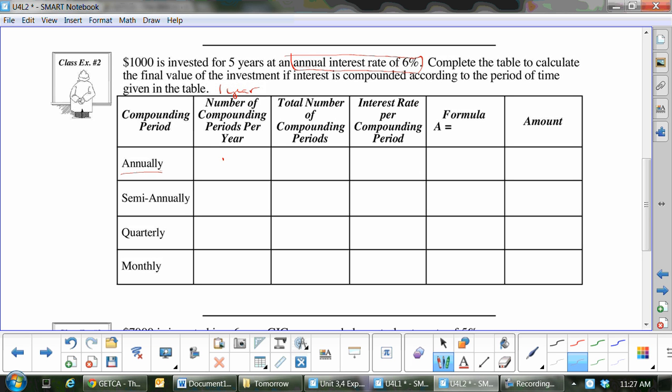1. Okay? Now, what about semi-annually? There would be 2, would there not? How about quarterly? 4. How many months in a quarter? 4 or 3? Common answer is 4. It's wrong, but that's a very common answer. Okay?